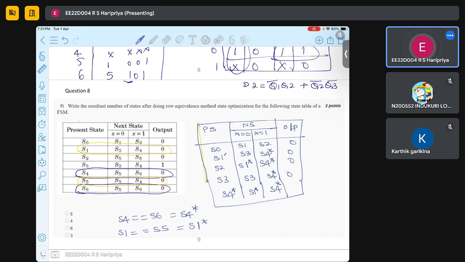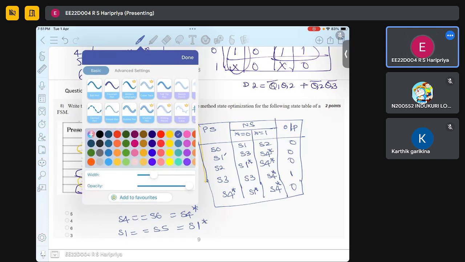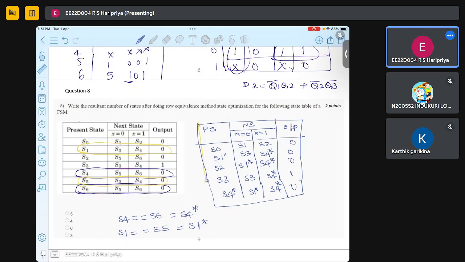S3 has an output of 1, other 0. From this again, can we simplify it? S1, S4, this one, S1, S4.